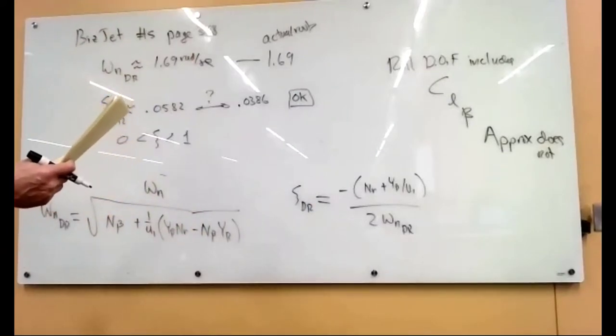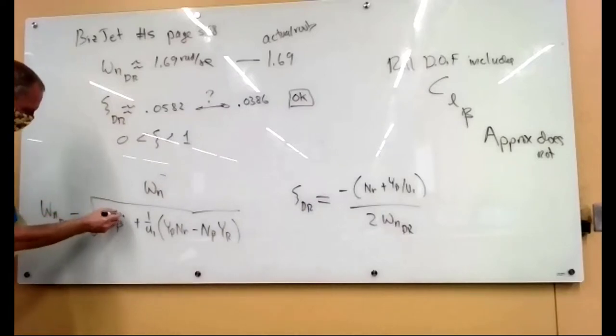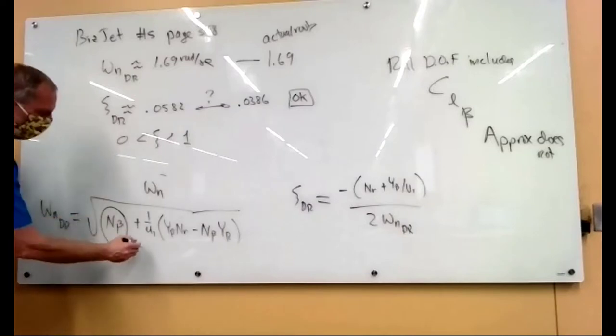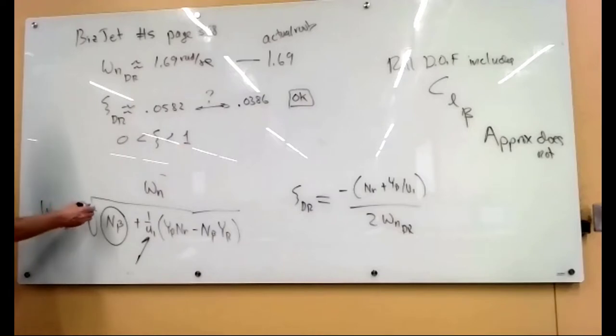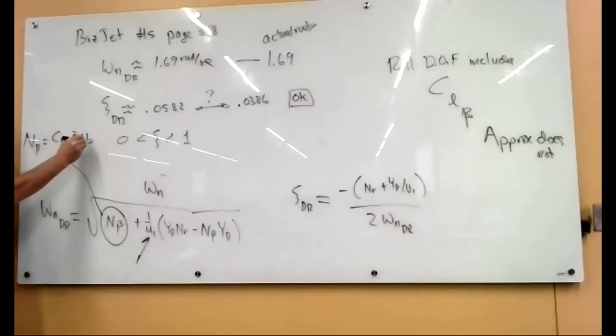The other thing we get from this is that this thing plays a pretty big role in the natural frequency, because here we're dividing by U1, and that's a big number. So N beta is an important parameter. And if we look at that, it's this.